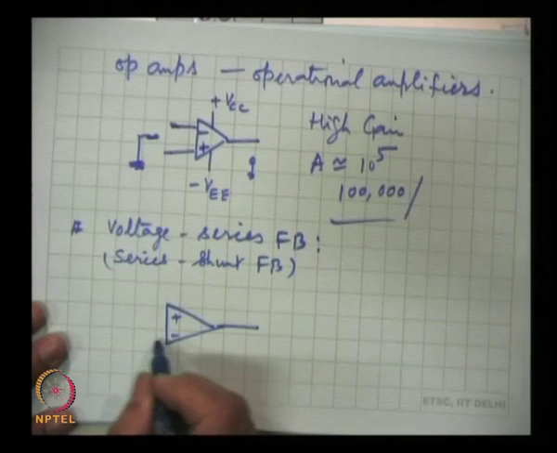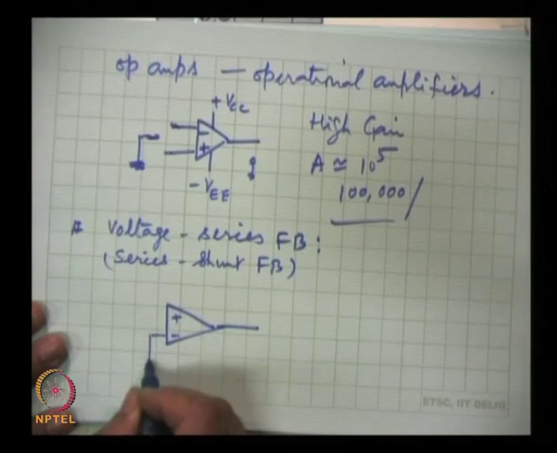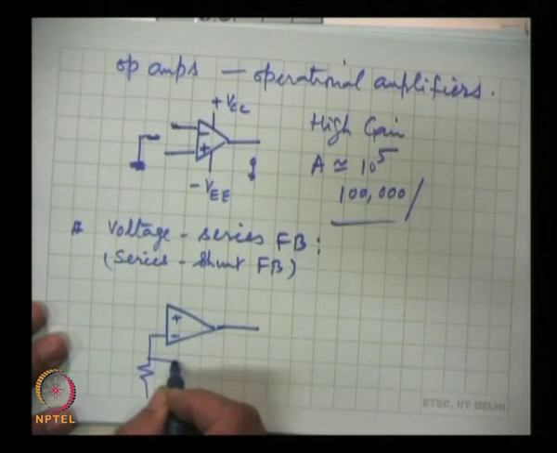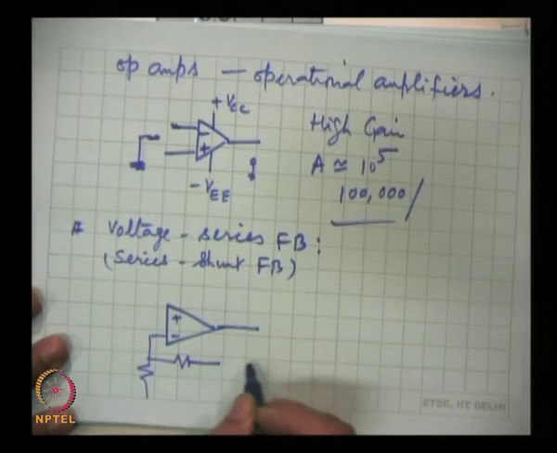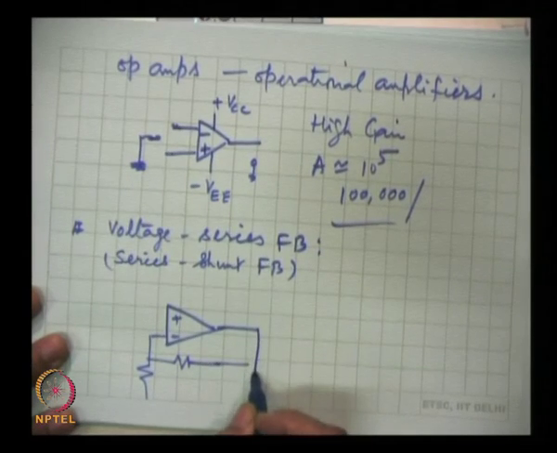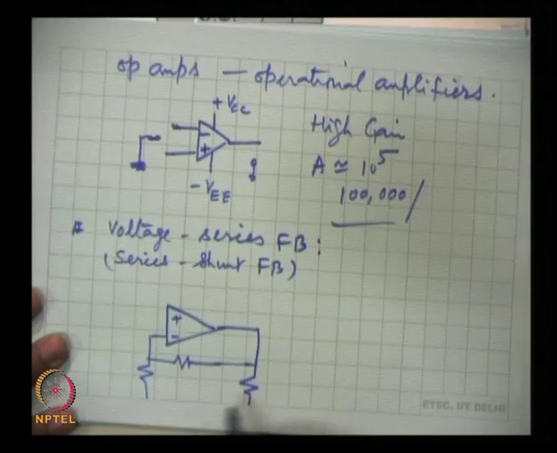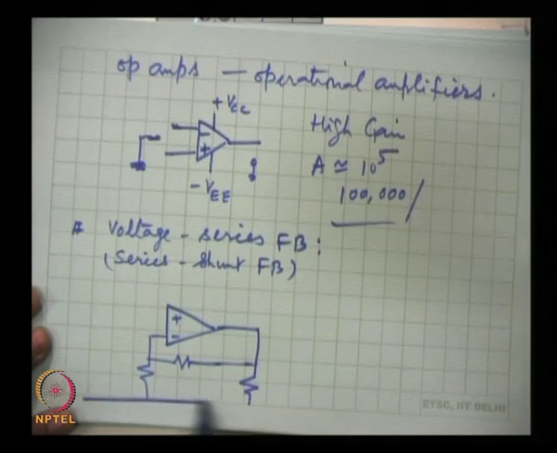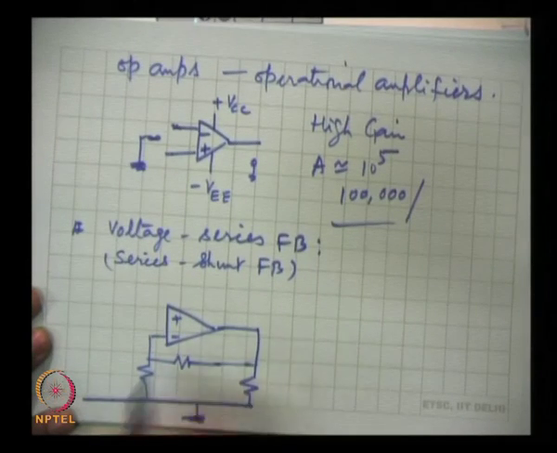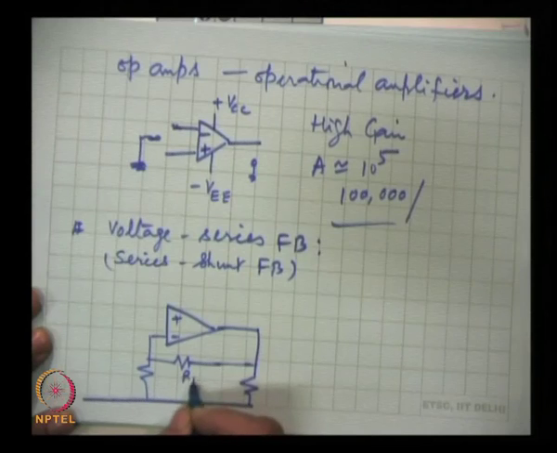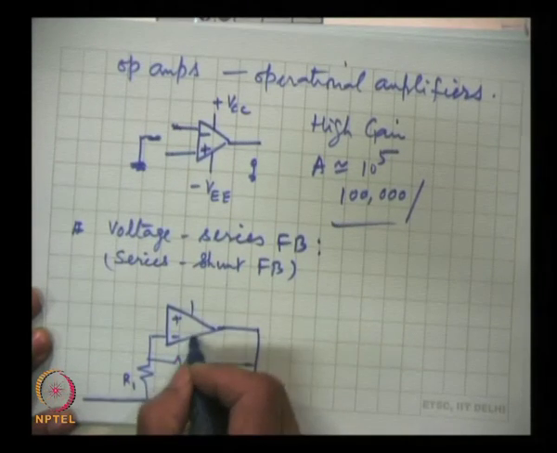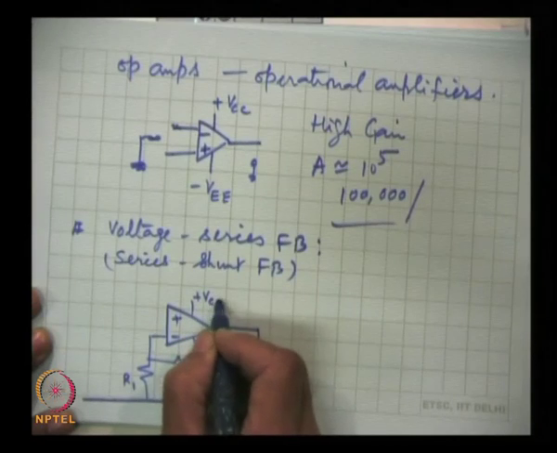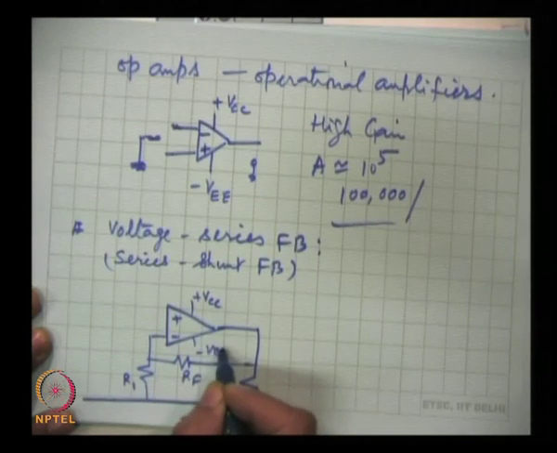So, here this is RF, R1, and this is of course plus VCC, minus VEE.